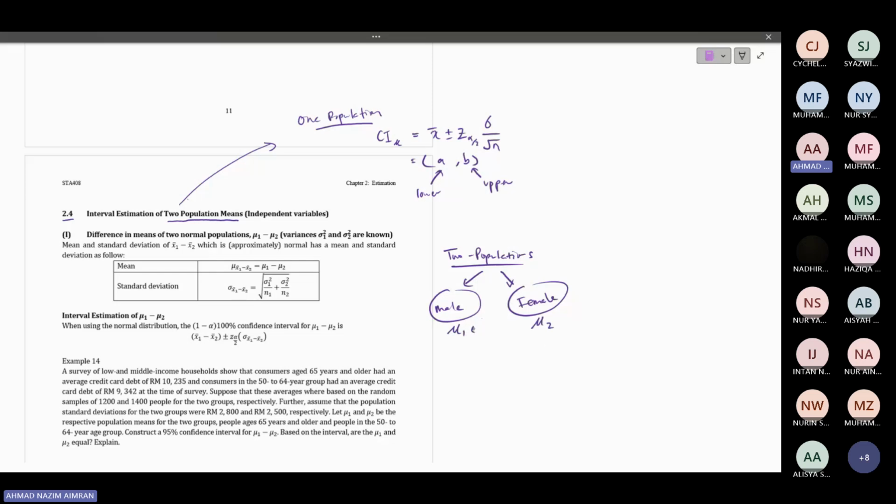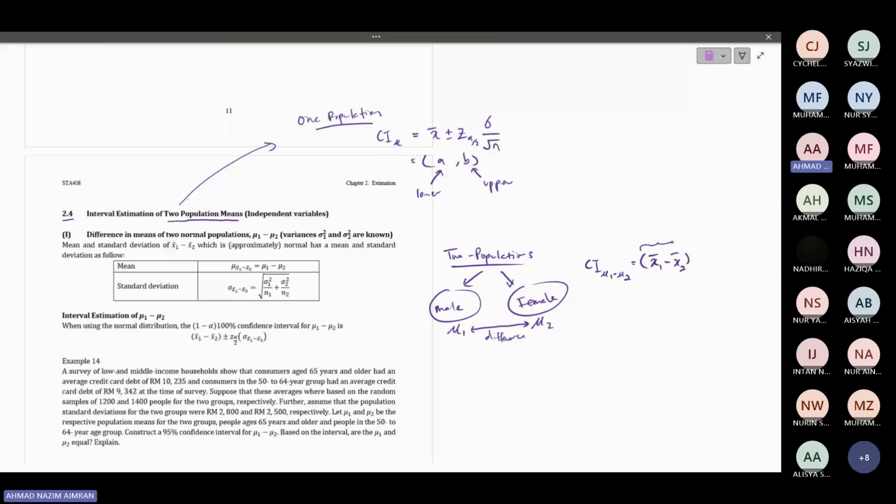That is why the confidence interval for mean one minus mean two is equal to x bar 1, the sample average score for group number one, minus x bar 2, the sample average score for group number two.